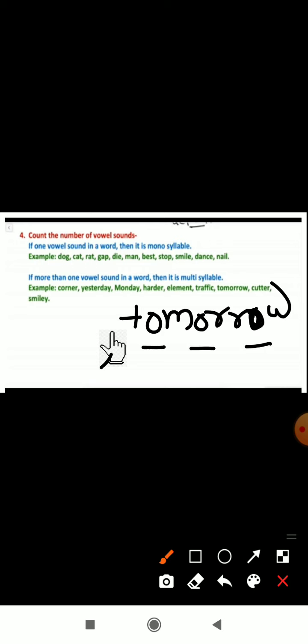Now check the rule whether they are together. No. Whether ending with E. No. So now how many vowel sounds are there? 1, 2 and 3. So it is 3 syllables. So you can call it multi-syllable. More than one is called multi-syllable. If only one syllable is there, you can say monosyllable. Got it? These are the examples.